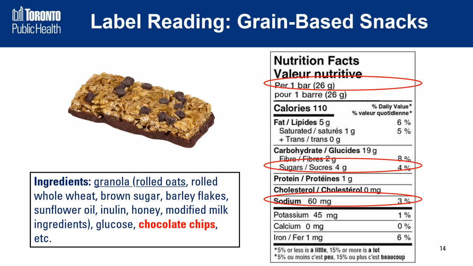Alright, so is whole grain, whole wheat, or bran the first ingredient? Yes, it is. Is the sugar less than or equal to 8 grams of sugar per 30 grams of serving? Also yes. Is the percent daily value for sodium less than or equal to 10%?